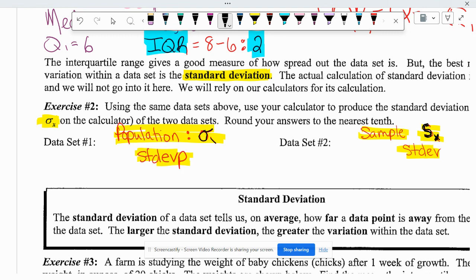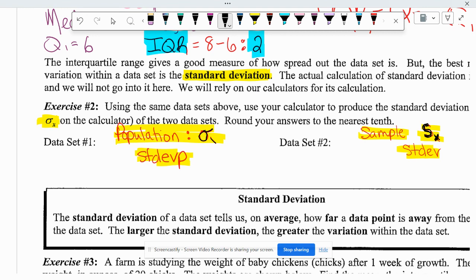I'm going to just put in 7, 8, 9. So I've got a data set. Now I'm going to go to stats, calculator, one variable, enter, list 1. So I just put data in there. Calculate. So O sub X is population. S sub X is sample. You see how they're different? They're not the same number.